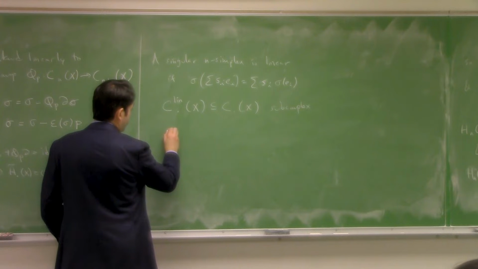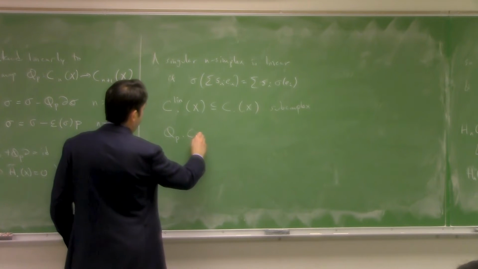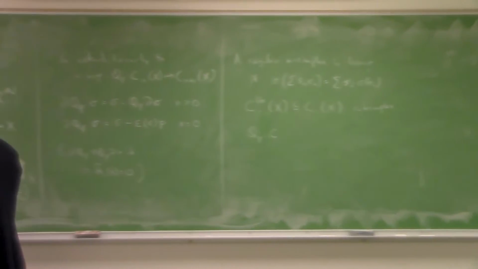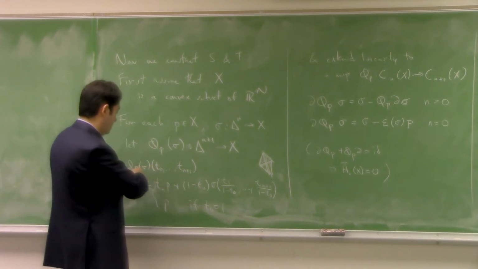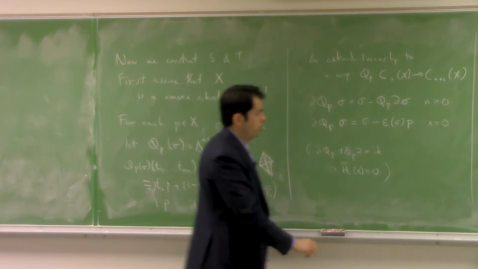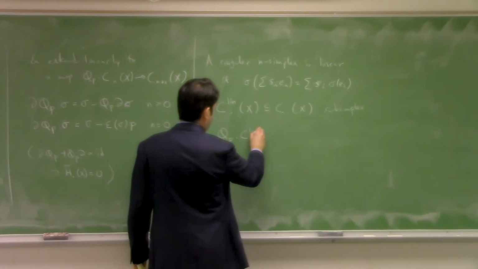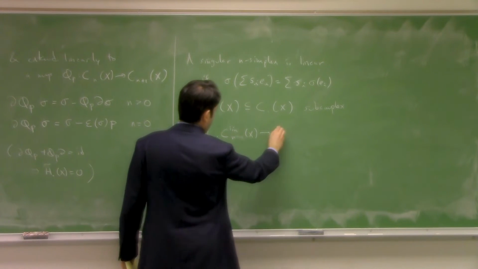And if you cone, then directly from the definition, if sigma is a linear map, then this whole Q_p sigma is also a linear map. So Q_p is going to take linear simplices to linear (n+1)-simplices.